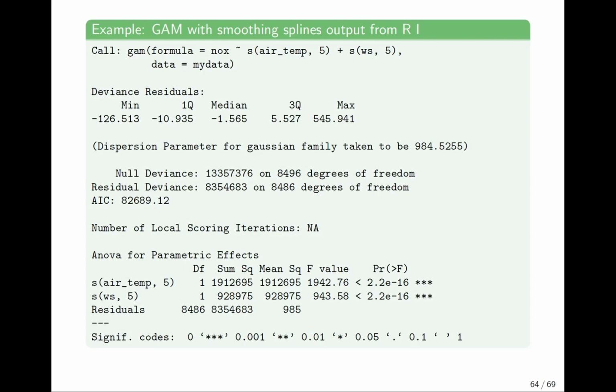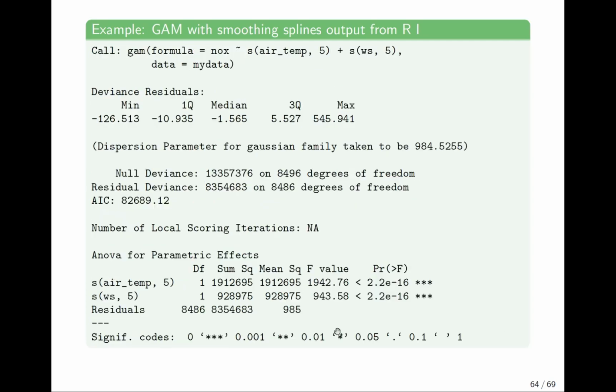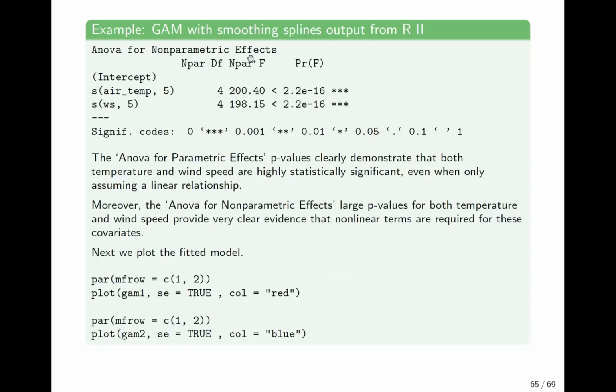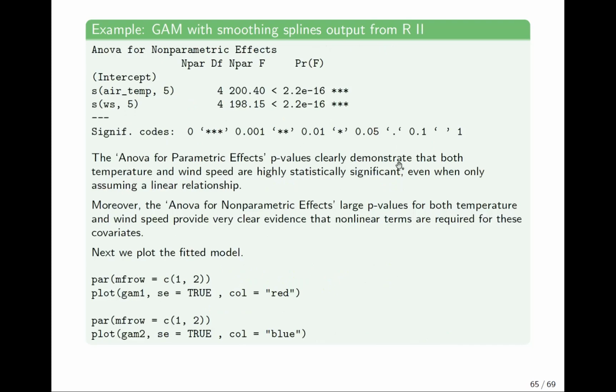Again, not greatly of interest a lot of the time. We're interested mainly in what the fit looks like. But I do just want to draw your attention to a few things. We get these ANOVAs for parametric effects and ANOVA for non-parametric effects. And what the ANOVA for parametric effects tells us is the p-values are small, clearly demonstrating that both temperature and wind speed are highly statistically significant, even when we only assume a linear relationship.